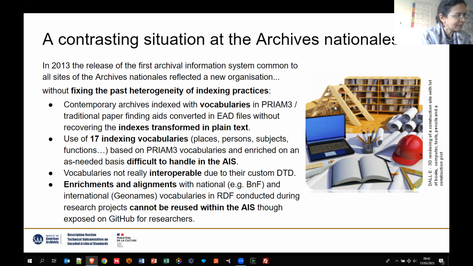Thus, indexing remains heterogeneous inside the institution, especially due to the lack of global recommendations about harmonized practices. But these vocabularies are enriched, aligned, and converted also in RDF for research projects, thus testifying to the expertise of the National Archives in this field.